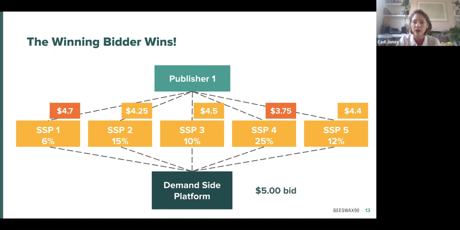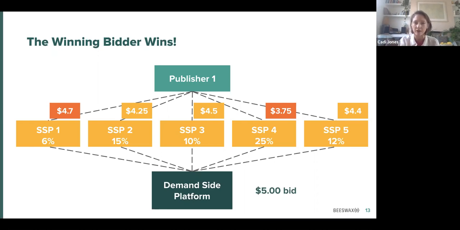So if the demand side platform wants to bid $5 for this impression, the reduction when we take into account the SSP fees could make a huge difference in the bid that the publisher is actually seeing.